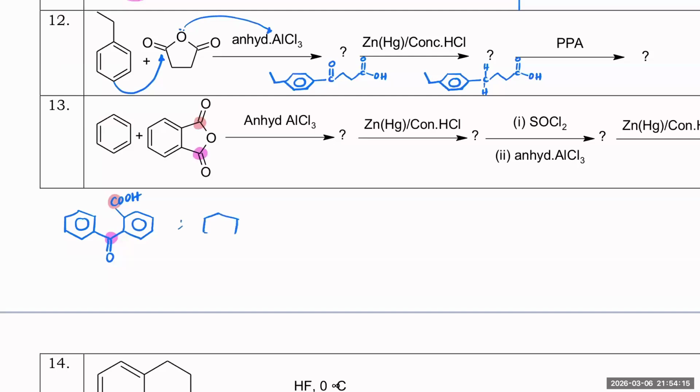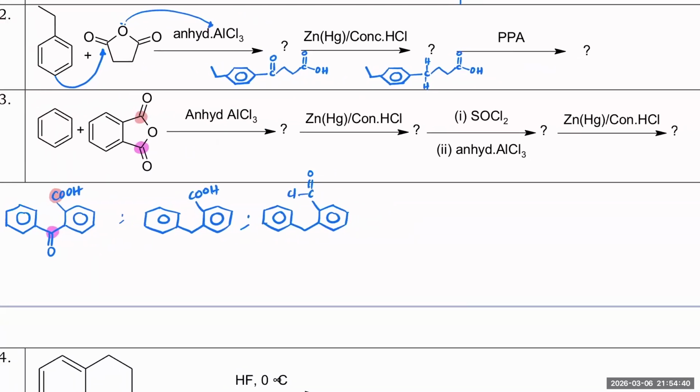As you reduce, that double bond will get reduced here. So we will get this as COOH. Thereafter, you are using SOCl2. SOCl2 is basically used for removing the alcoholic part and substituting that with chloride. So COCl, this is what you will get. This is the next part, SOCl2.